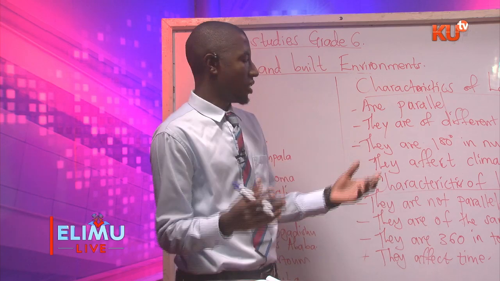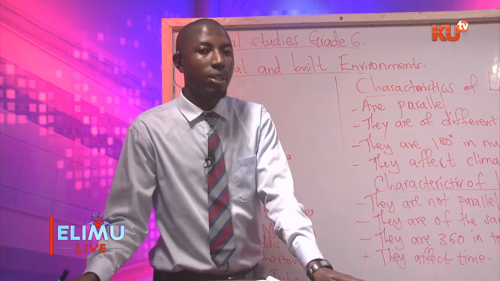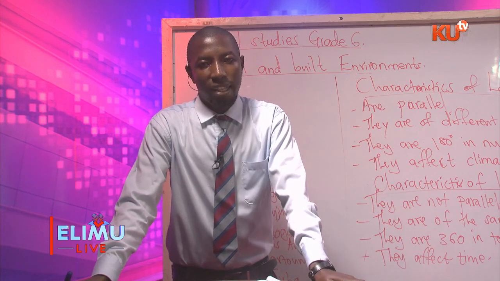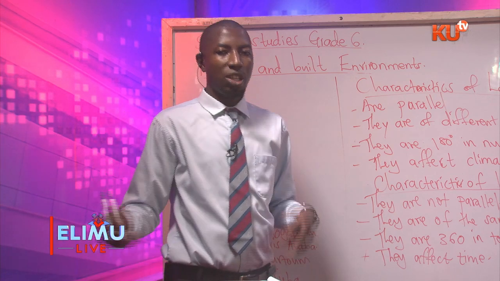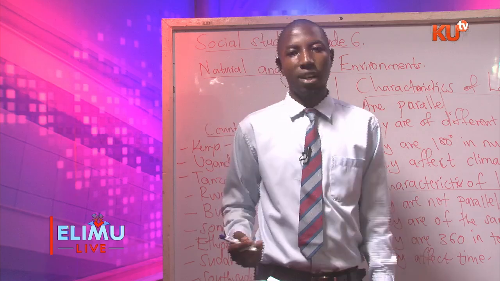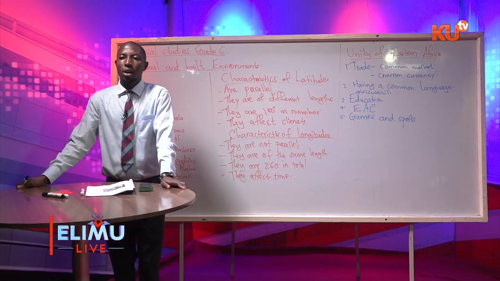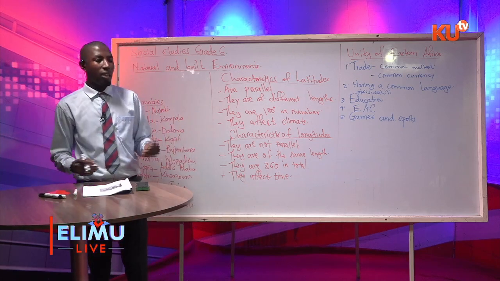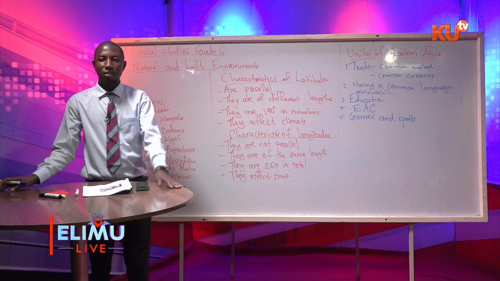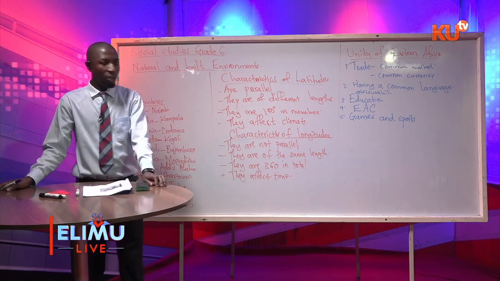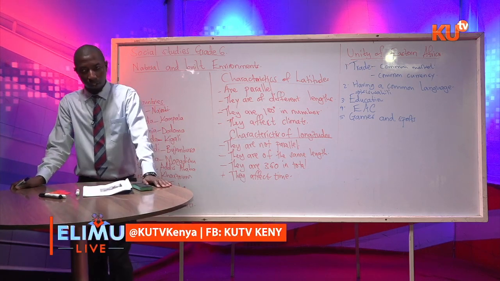We usually have, especially in our co-curricular activities in schools, if you perform very well and emerge first at the national level, then the next level after national is usually Eastern Africa. We meet in one of the countries in Eastern Africa to compete with the best of the best from the other countries in the region. Music festivals, drama festivals, you can go on, and that brings us together as a region.